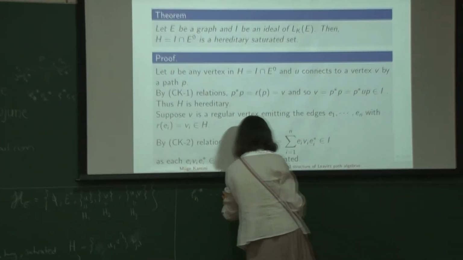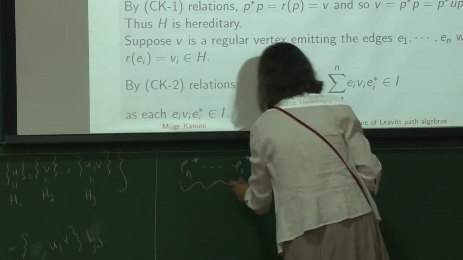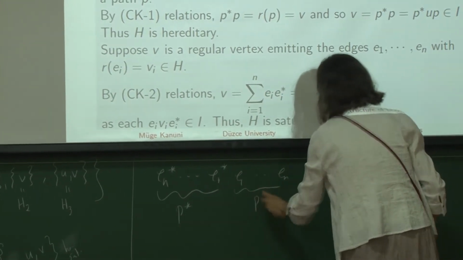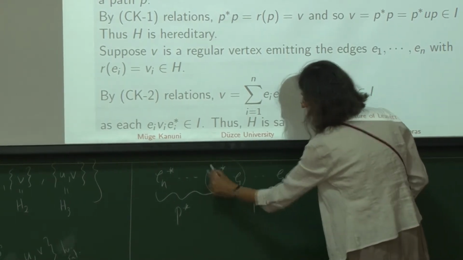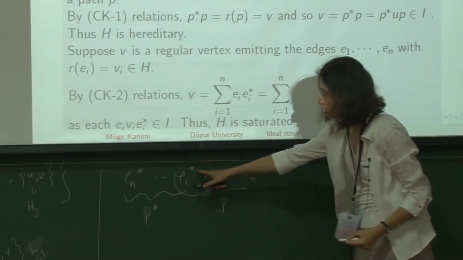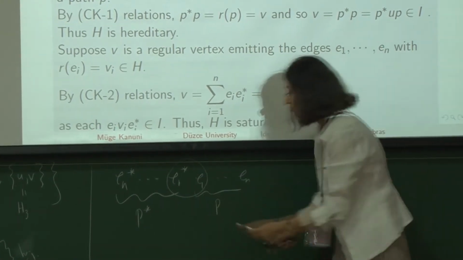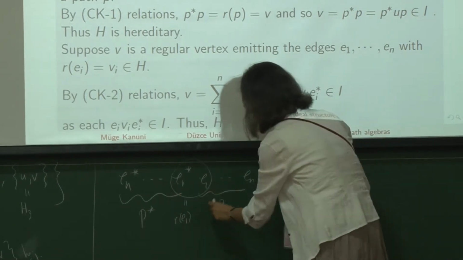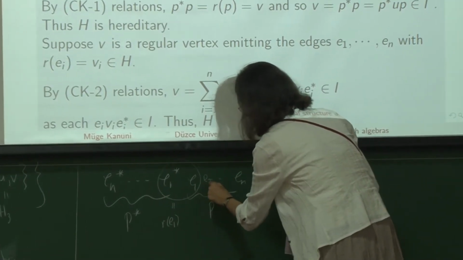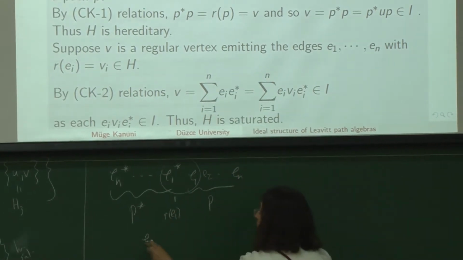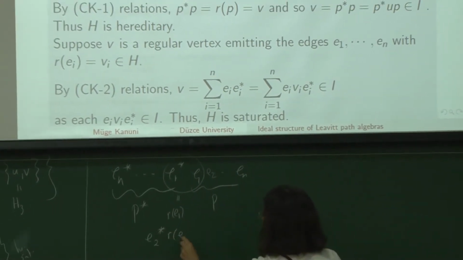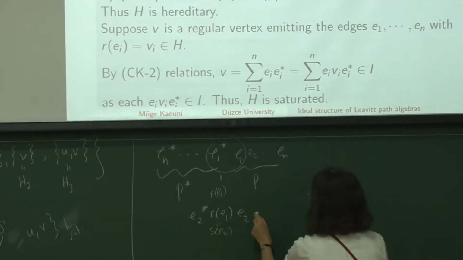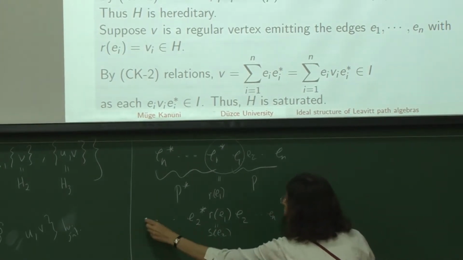En star, E1 star, that's P star, and then I have E1 through En, that's P. So CK1 says, each time you have an edge star with itself, then you can replace it with the range of that edge. The range of E1 then starts with E2, and I have E2 star, range of E1, E2, but this is the same thing as the source of E2, so that simplifies.